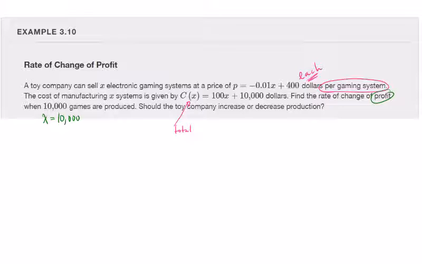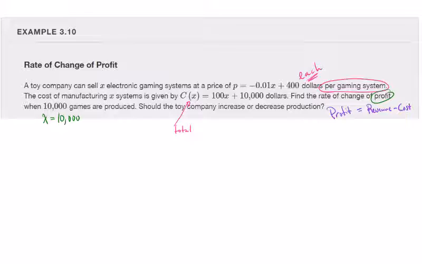So profit is basically revenue minus cost. And profit comes up a lot. It's a common calculation that you have to make.